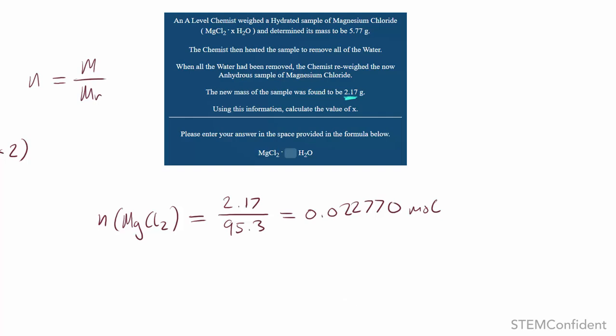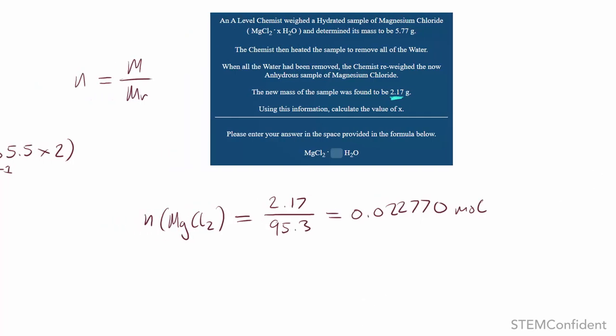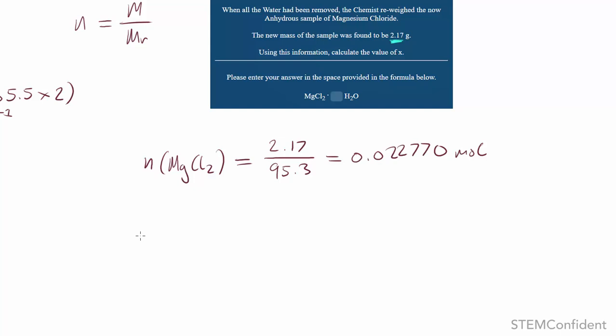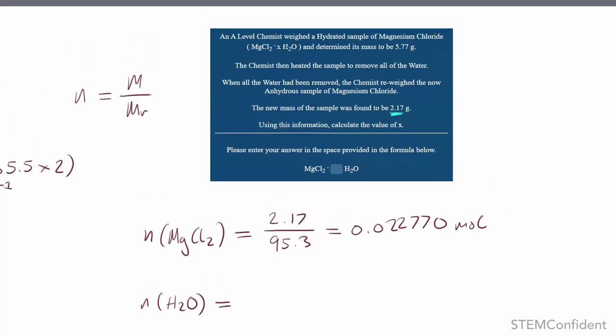So now that we've done that, what we can do is work out the number of moles for the H2O. We've not been explicitly given what the mass for that H2O is, but we can work that out.